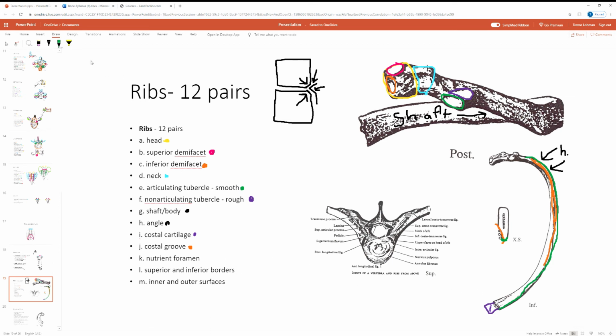That's the inferior border. The superior border we'll use yellow for, I guess. That's the superior border. And I guess we could take green and color in the inferior border as well.